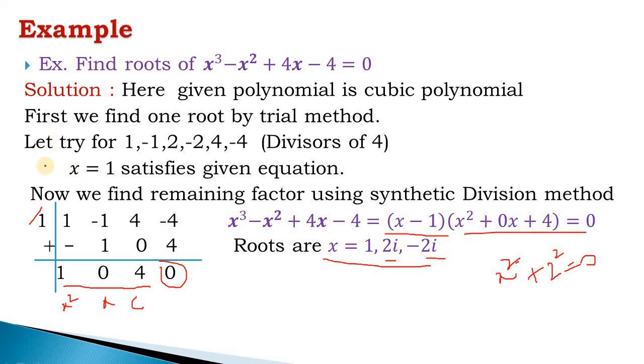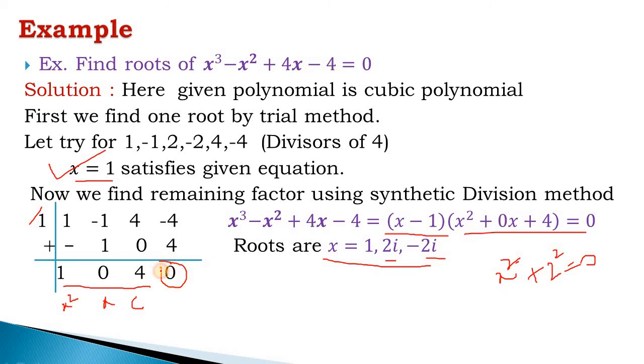First, we find one root by the trial and error method, x equal to 1. Then to use synthetic division, in the first row we write all the coefficients of the cubic polynomial, in descending order. Put a dash here, take this one as it is, then 1 into 1, 1, add this number to get 0, 0 into 1, 0, 4 plus 0, 4, 4 into 1, 4, minus 4 plus 4, 0.